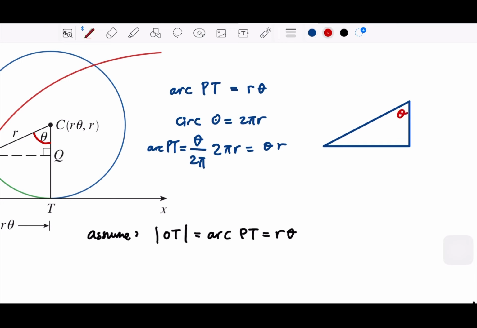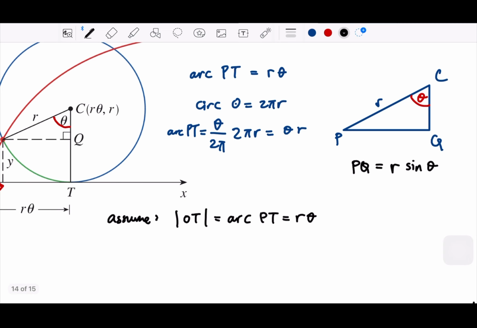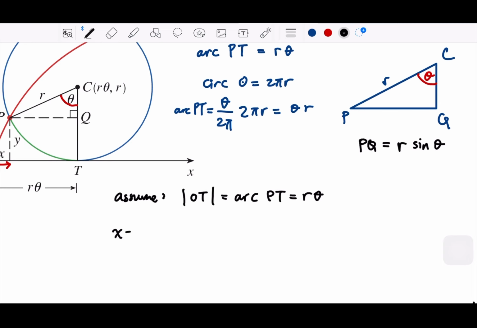So this is theta, this is PQC. This is R. So PQ is R sine theta, right? Yes, PQ over PC.